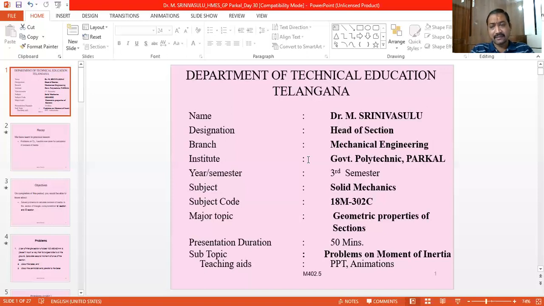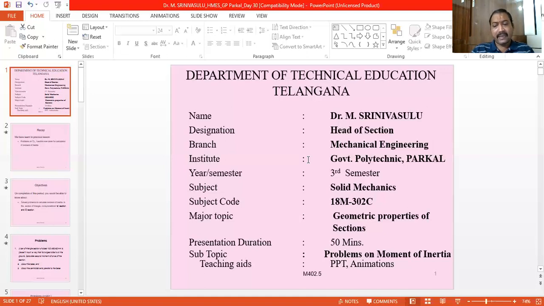Then from those points you have to find out x1, x2, x3, y1, y2, y3 and then areas, and then hx1, hx2, hx3 and hy1, hy2, hy3, and accordingly you can find out the moment of inertia about the x-axis or the y-axis by substituting the dimensions in the standard formulas.